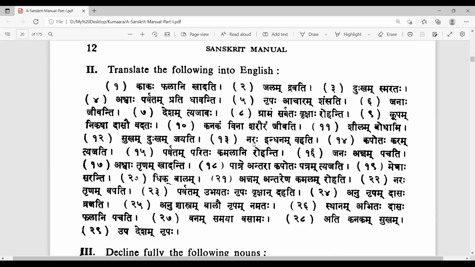Please note. It is indirect object. Direct object, there is no direct object here. Kamalam rohati only. What is the object? Rohati, is it transitive or intransitive? Sakarmaka, akarmaka? Akarmaka. How can it have a direct object? Not possible. So indirectly.